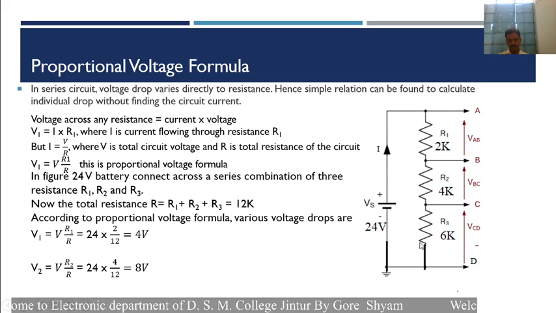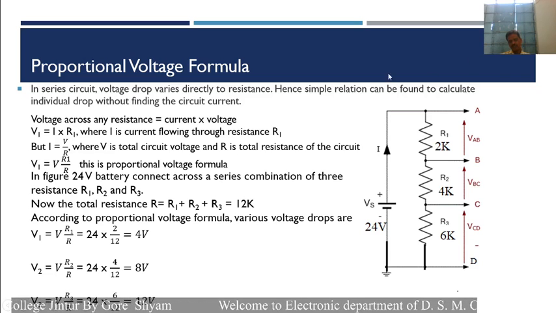Similarly, let us find the voltage across resistance R3, the 6 kilo ohm resistance. V3 is equal to V into R3 divided by R, which is 24 into 6 divided by 12, that is equal to 12 volt.